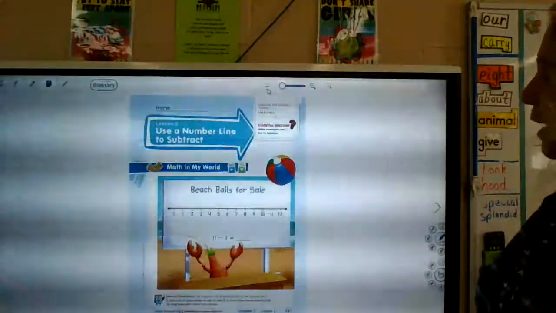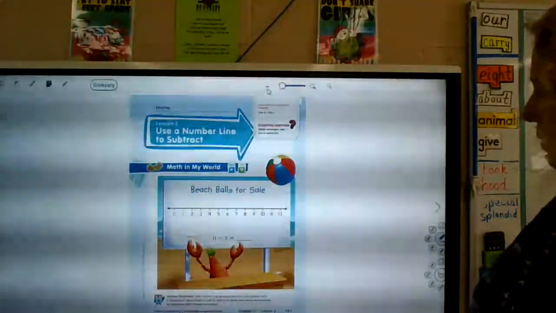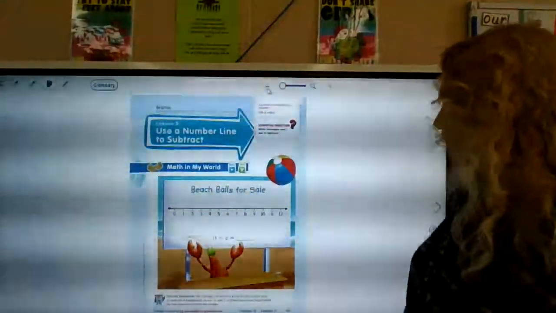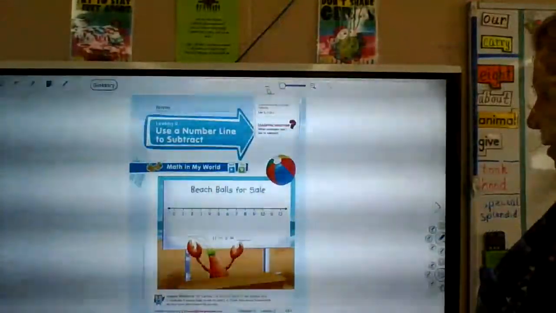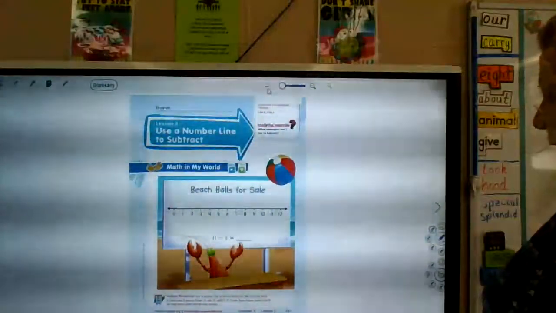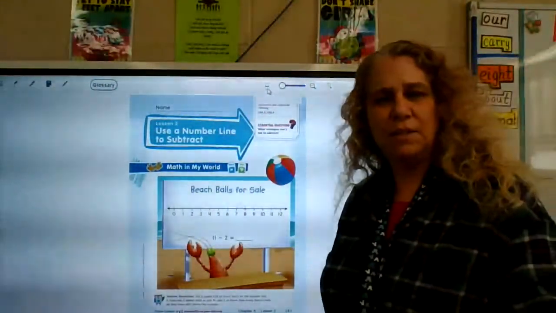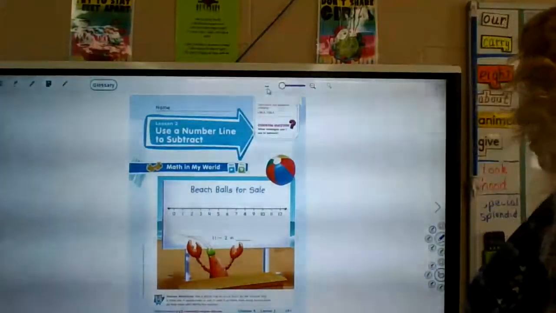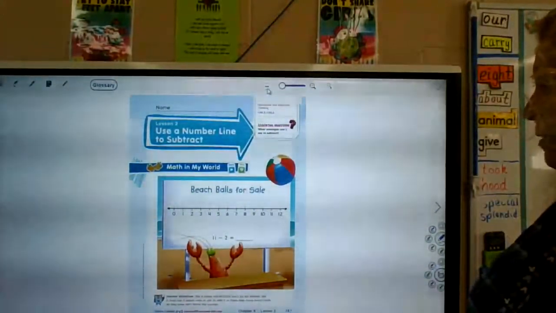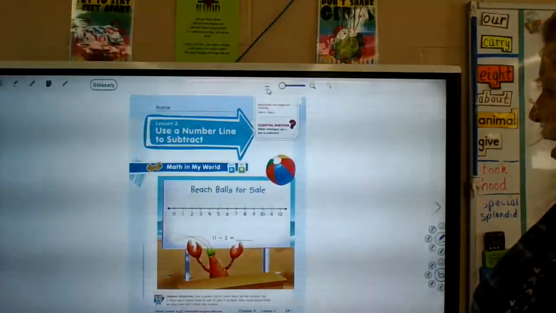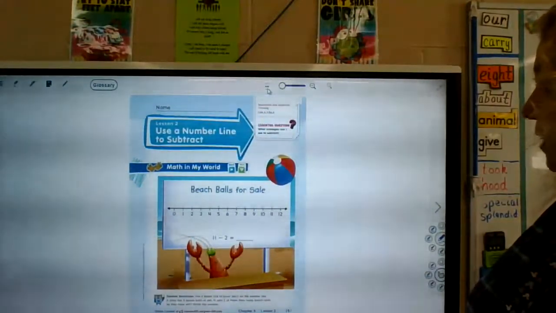Okay, here's a number line. It says use a paper clip to count back on the number line. We're not going to use a paper clip. We'll just use our pencil, okay? So, a store has 11 beach balls to sell. It sells 2 of them. How many beach balls do they have left?